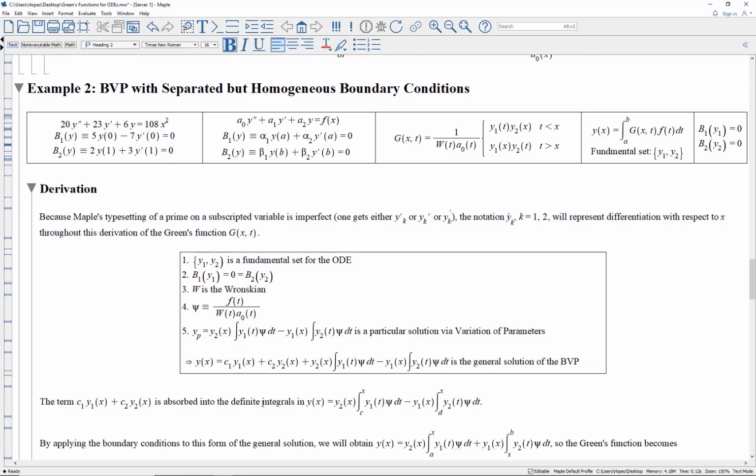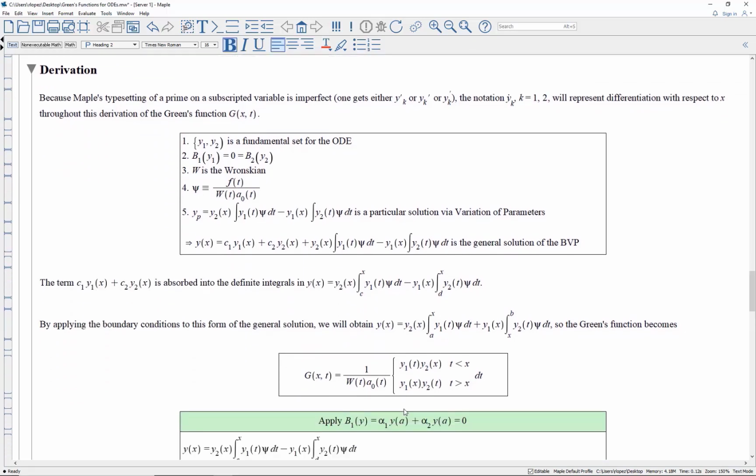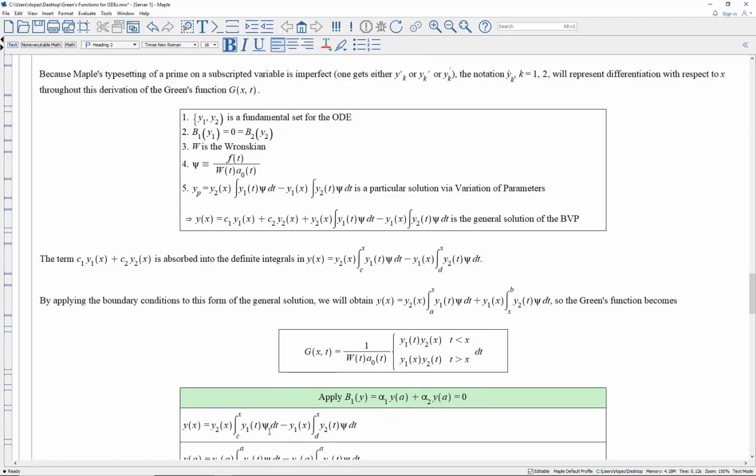Now we want to apply the boundary conditions to this expression. When we do that, the Green's function will pop out in this form. All right, so let's start working on B1 applied to this y. So here I've written down that y.